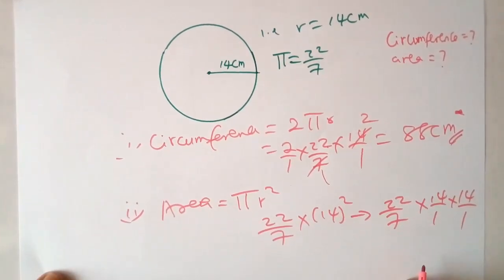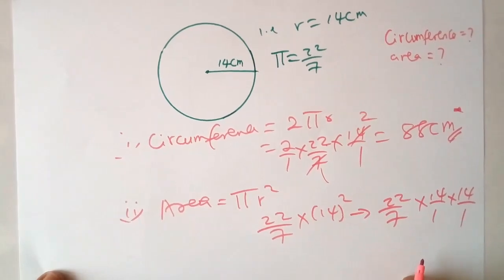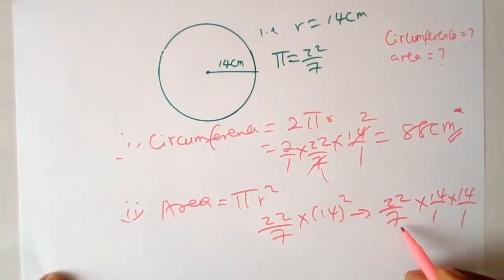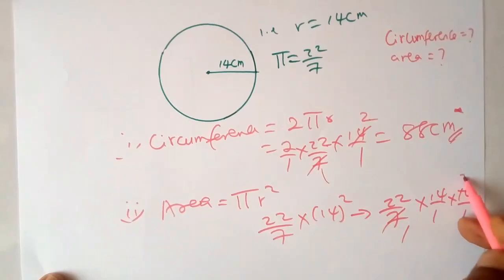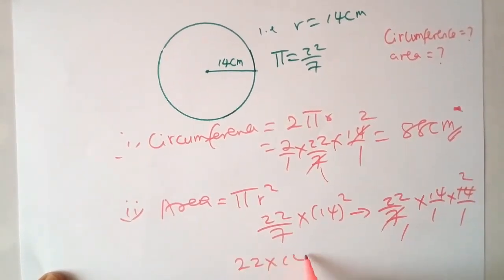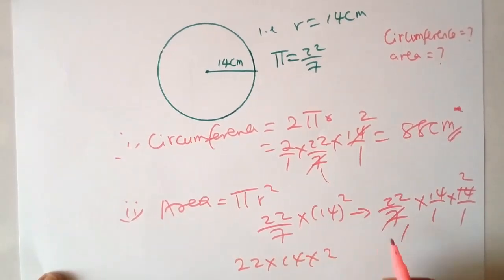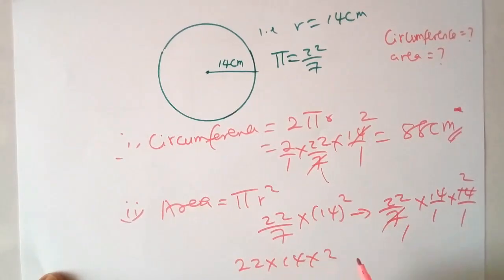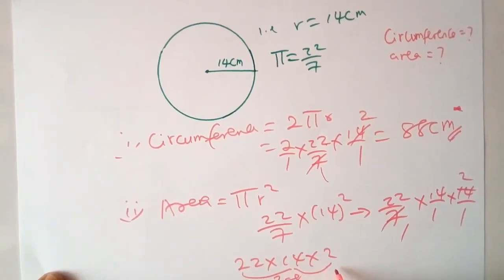Let us cancel at this point. 7 can go in 14: 7 here, 1, 7 here, 2. So we now have 22 times 14 times 2. 22 times 14 is 308, times 2, that is 616 centimeter square.